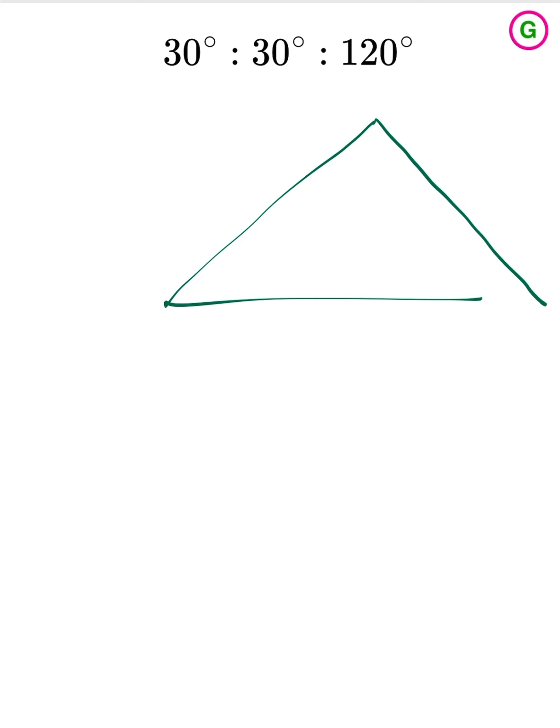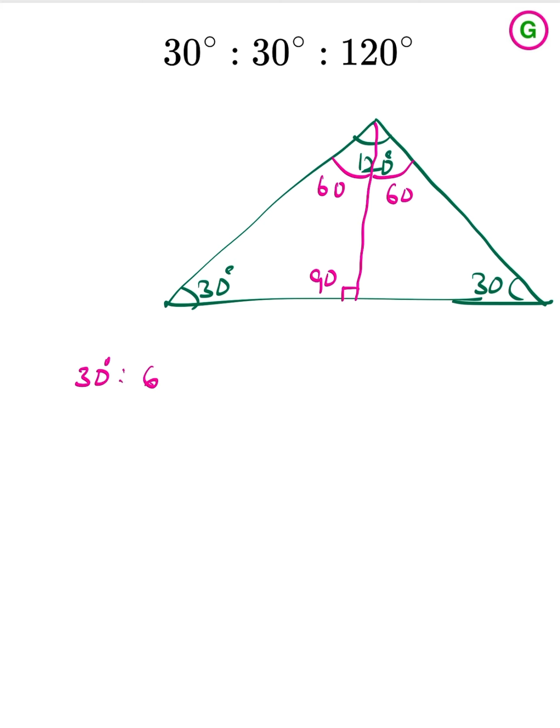And finally, take the 30-30-120 triangle. This is 30 degrees, this is 30 degrees, and this will be 120 degrees. The sum of the angles is 180 degrees, right? Now take the angle bisecting line. So this will be what? 90 degrees, and this will be 60 degrees and this will be 60 degrees. We already know the ratio for 30, 60 and 90 degrees is 1 is to root 3 is to 2.